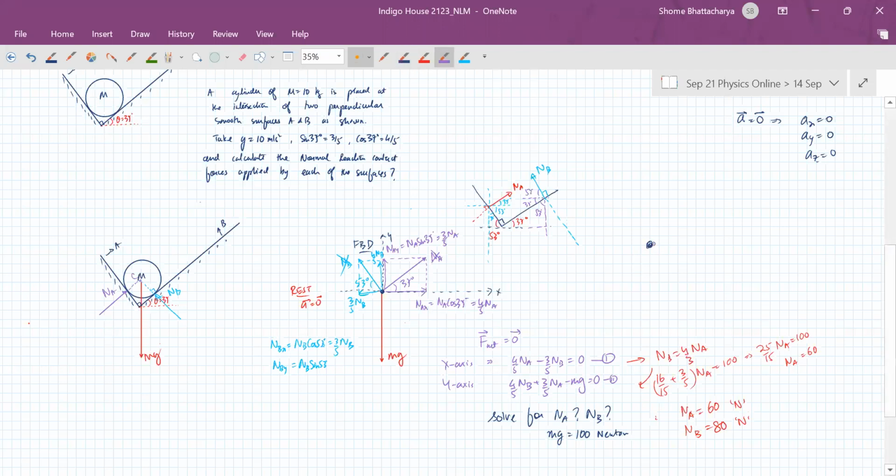Okay, so I'll just illustrate that method here. Actually what is happening here, in this case you can do that because these are perpendicular to each other, right? So because this happens to be 90 degrees, fair enough, you can take this as your y-axis and this as your x-axis.